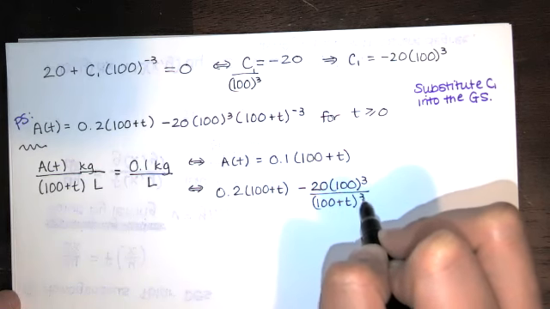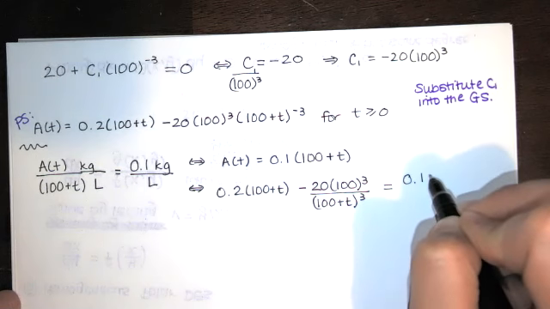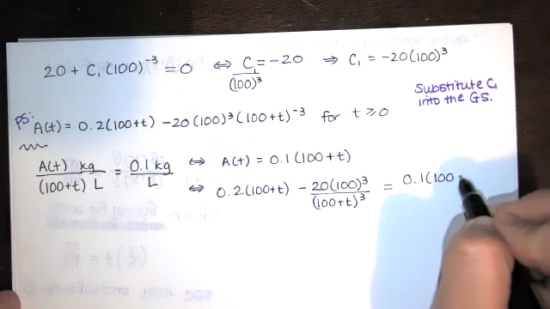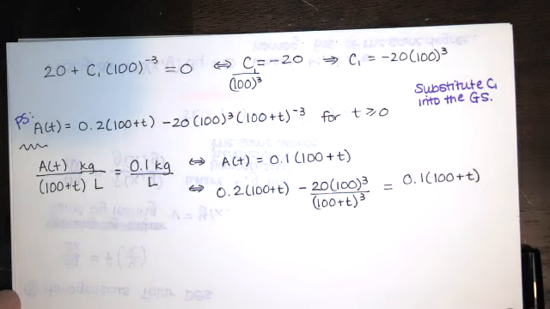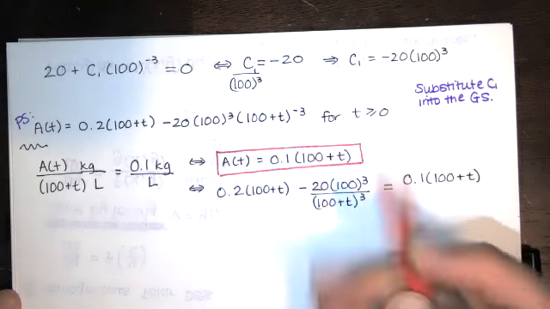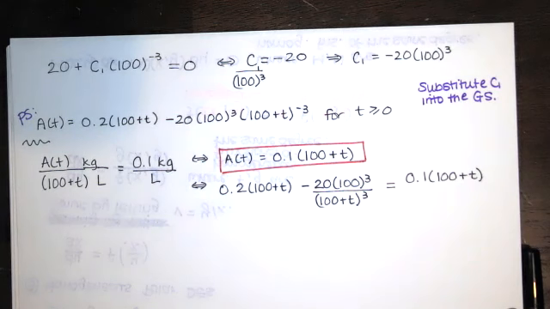I think I'll write it like that this time. And that is equal to this. I'm focused right here. This is my A of T, and that is my right-hand side.